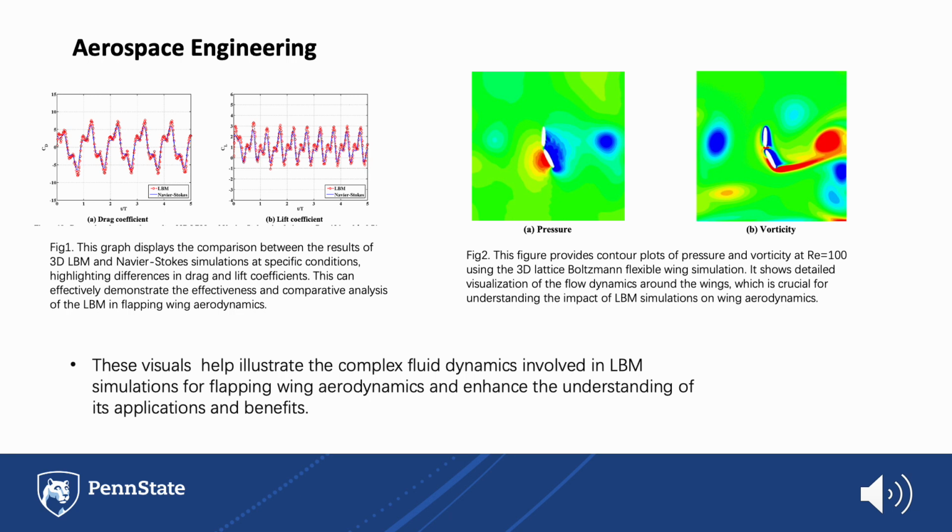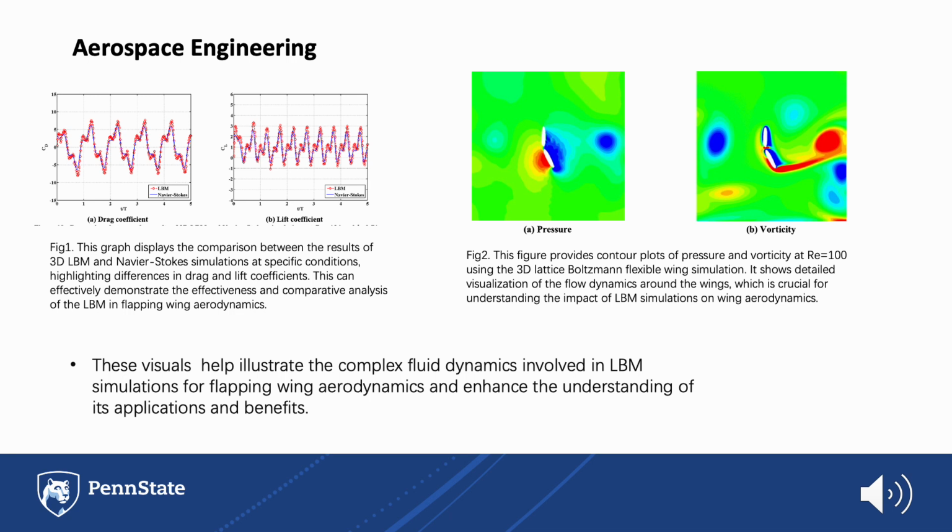So, we know that LBM is important in aerospace engineering, and as you can see in figure 1, the graph displays the comparison between the results of a 3D LBM and Navier-Stokes simulation at specific conditions, highlighting the difference in drag and lift coefficient. This can effectively demonstrate the effectiveness and comparative analysis of the LBM in flapping wing aerodynamics.